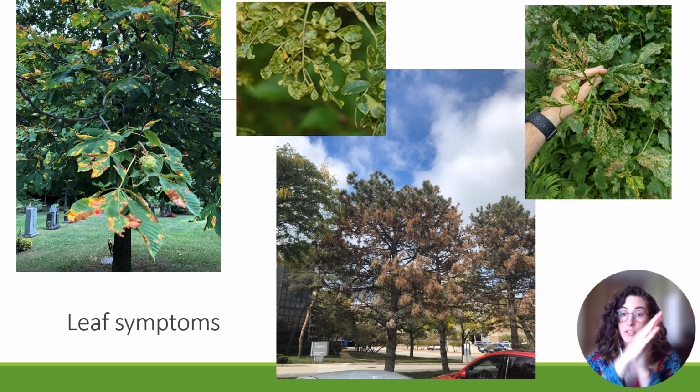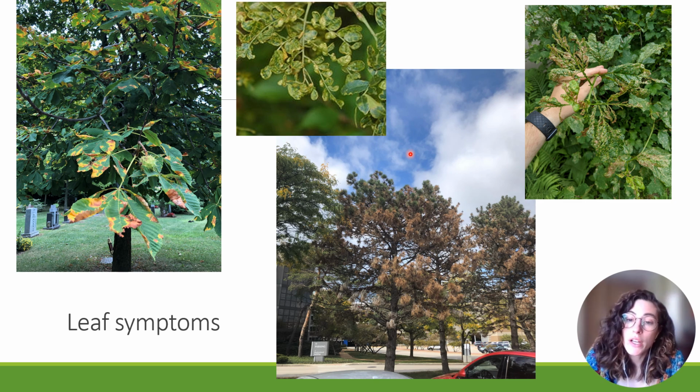Is it concentrated around the margins? Is it mostly concentrated around the leaf veins? Is it speckled all over? Is it randomly throughout? Do the leaf spots themselves have other characteristic symptoms? For example, in this one, this leaf spot also has a very characteristic yellow halo around it, and that can be very helpful.